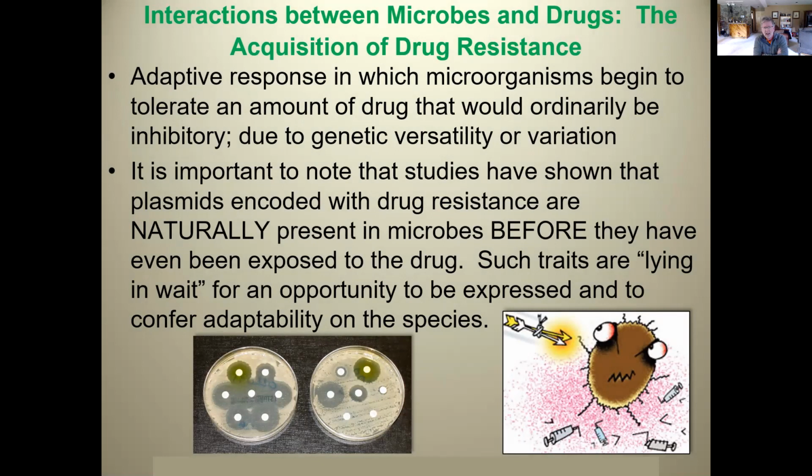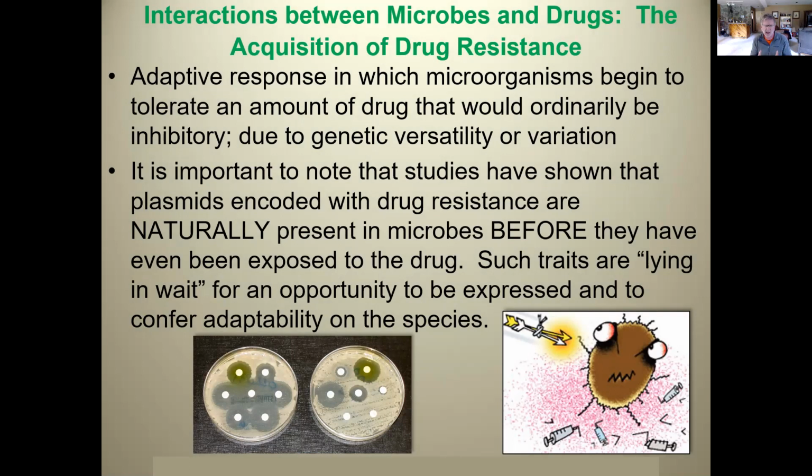What we've discovered is that even before we expose a population of bacteria to a given drug, there may be natural resistance already present in that population. And this has to do with the genetic viability and diversity that exists within most all populations, assuming that they're large enough.